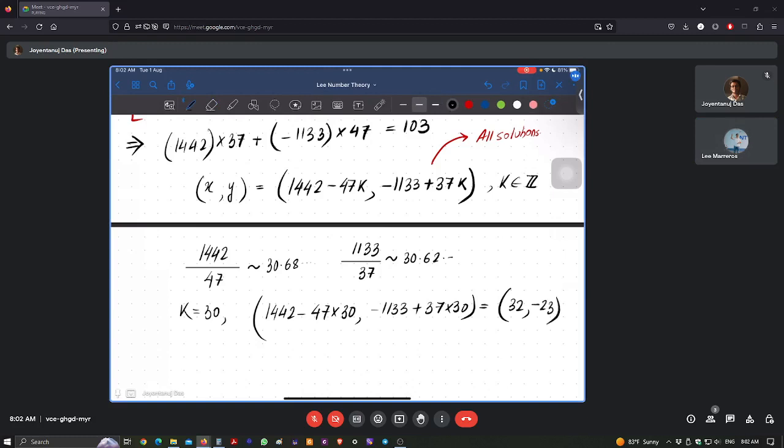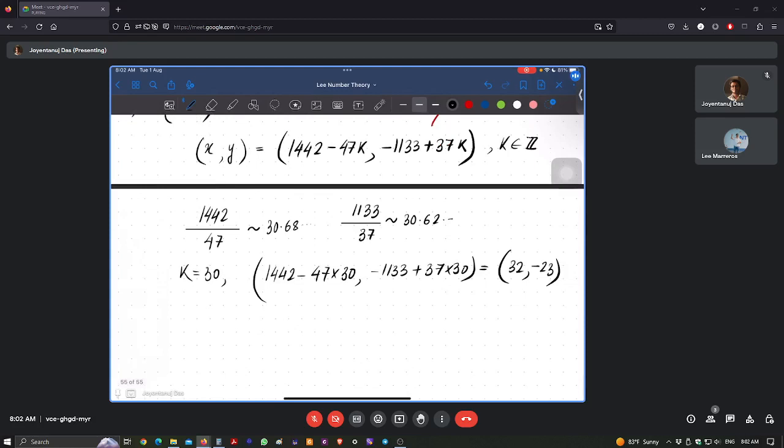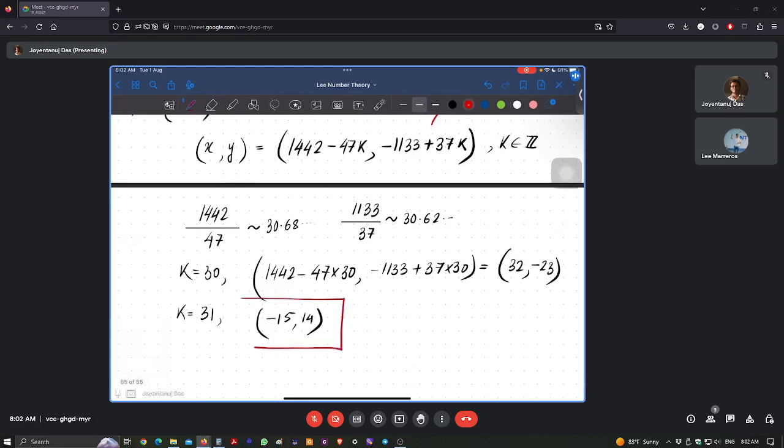So this is a solution. We can take this, or if we want it even smaller, we can go to the next value. If I take k equals 31, you can check that this is nothing but minus 15 and 14. They are asking to find as small as possible, so we can take this one as our solution, minus 15 and 14.